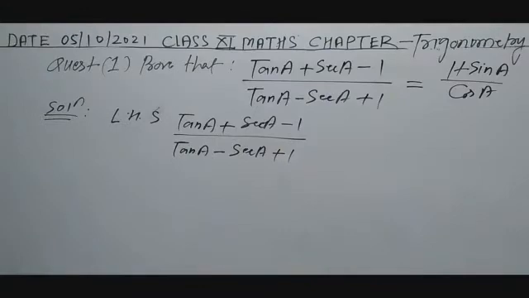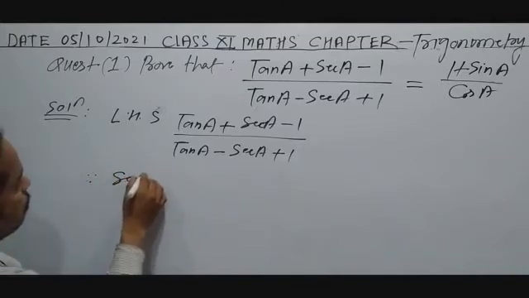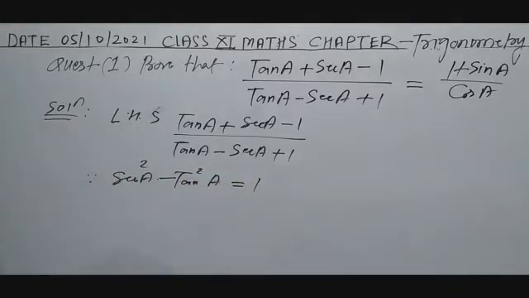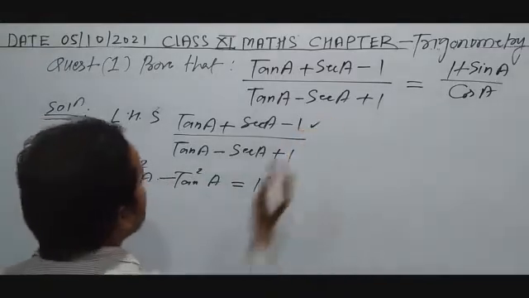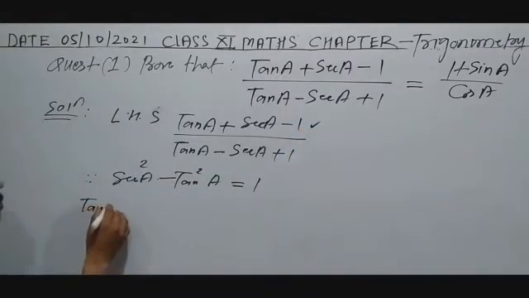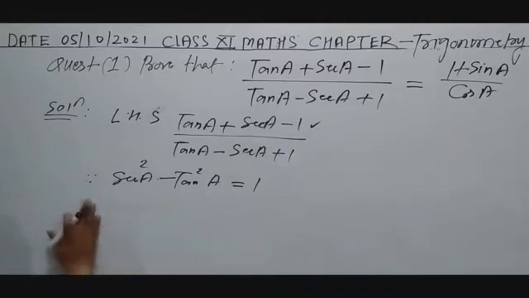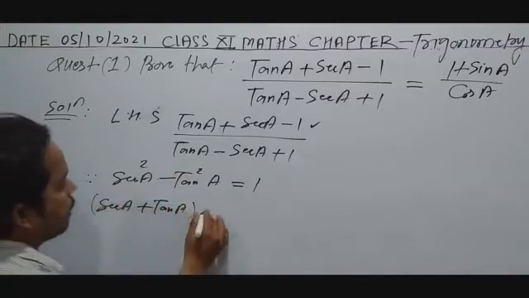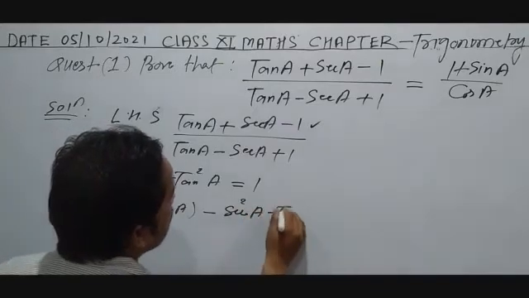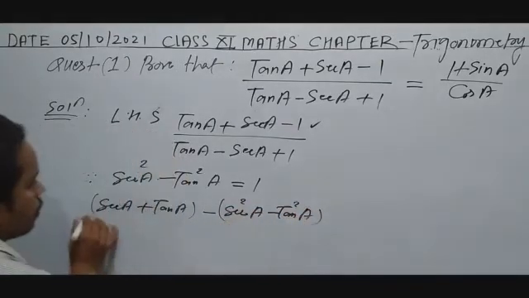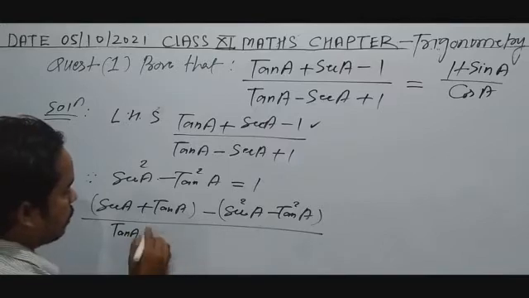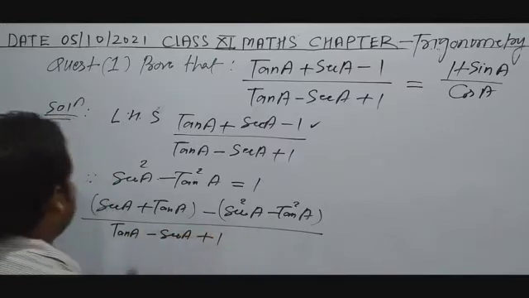Now you know, since sec square a minus tan square a is equal to 1, this one we can write: tan a plus sec a we can write as (sec a plus tan a) minus (sec square a minus tan square a), whole upon tan a minus sec a plus 1.